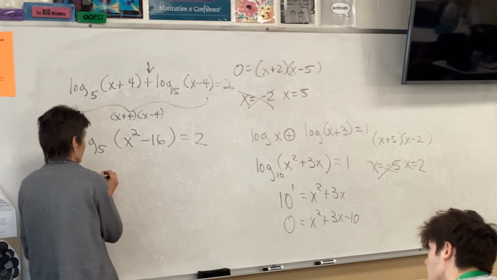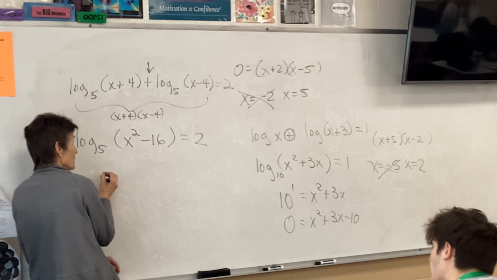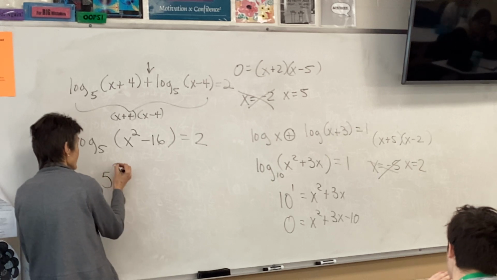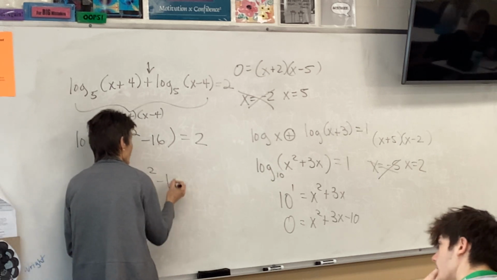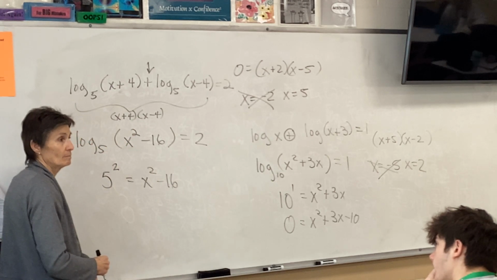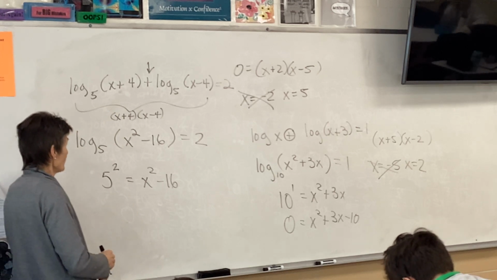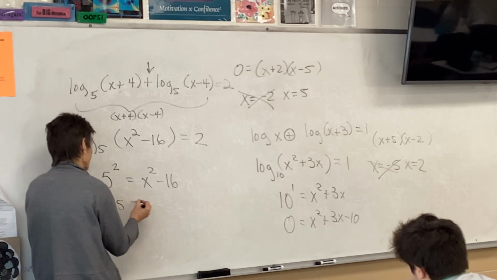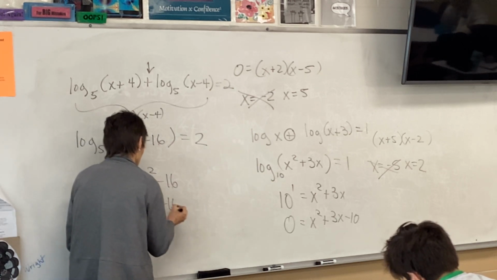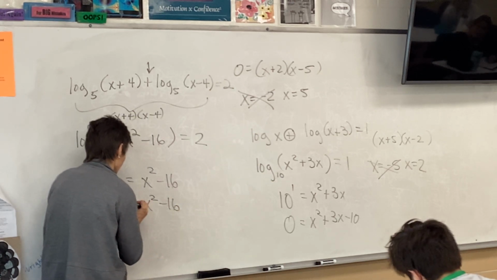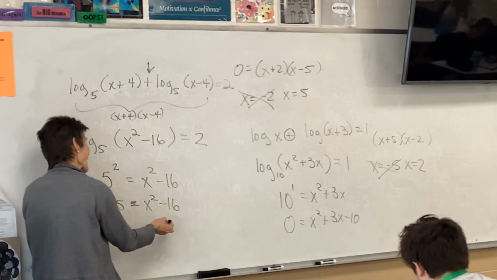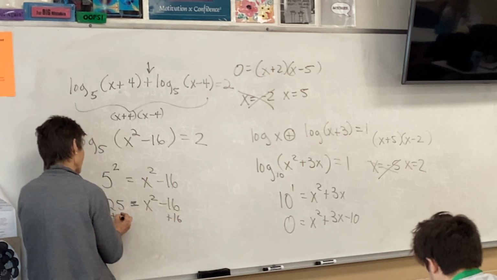So what do I do now? 5 to the second equals x squared minus 16. What's 5 to the second? 25. There are different ways you can solve this, but could I add 16 to both sides?